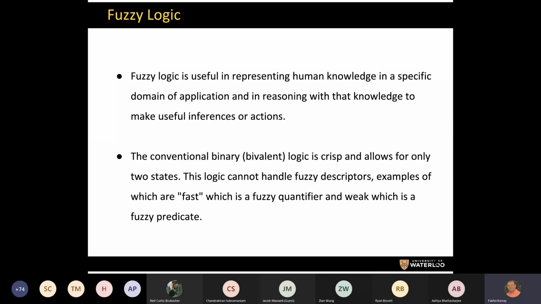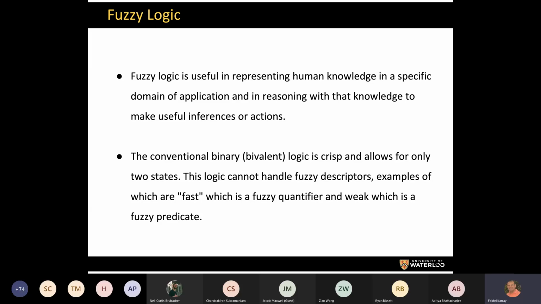So fuzzy logic system, a very, very brief definition here. Fuzzy logic system is useful in representing human knowledge in a specific domain or application and reasoning with that knowledge to make useful inferences or actions. Fuzzy logic system is different from the binary or bivalent logic systems, the discrete mathematics that you have seen in your undergraduate studies, in the fact that it represents human knowledge.